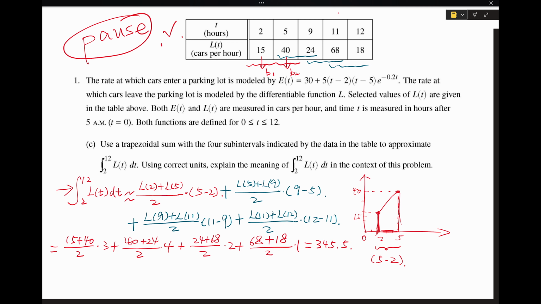And by the way, the meaning of this integral would be the number of cars that leave the parking lot from time t equals 2 to t equals 12, which corresponds to 7 a.m. to 5 p.m.